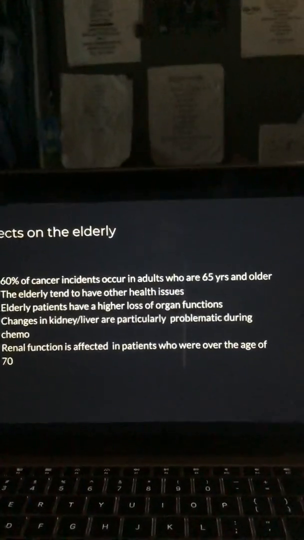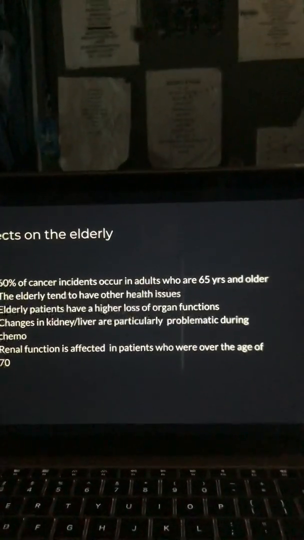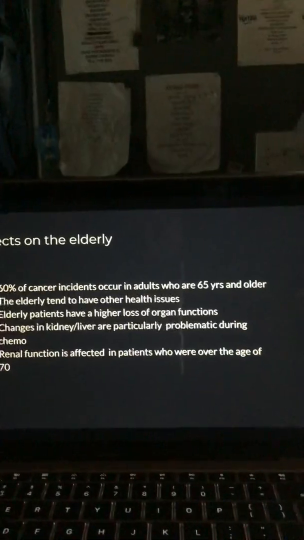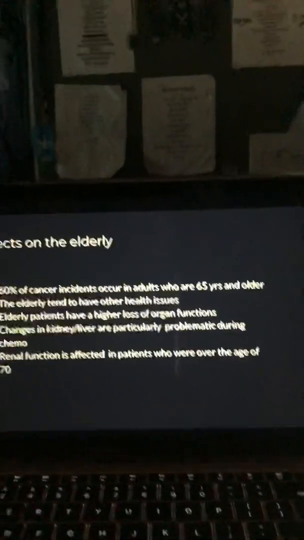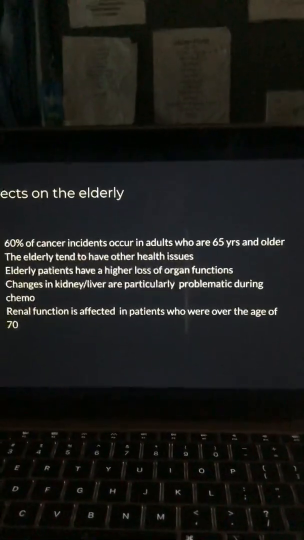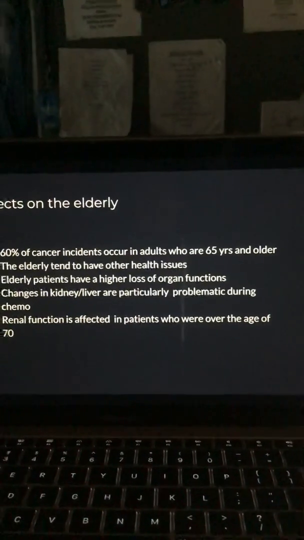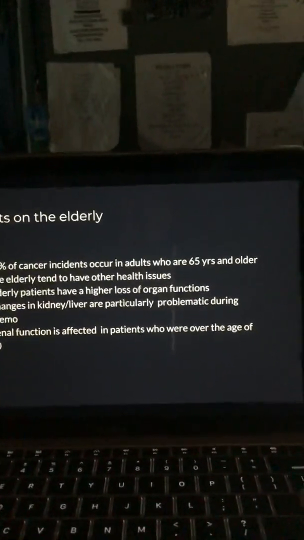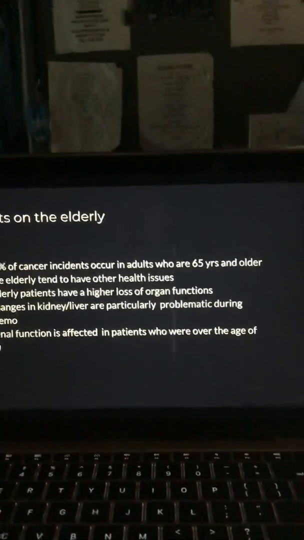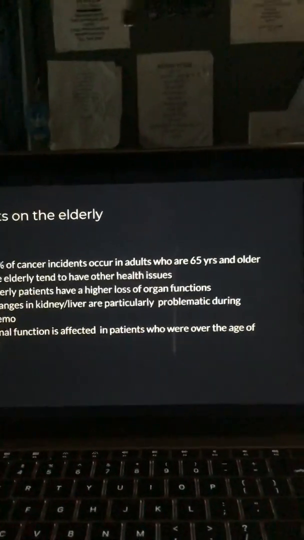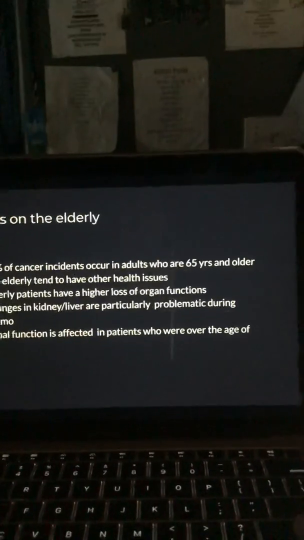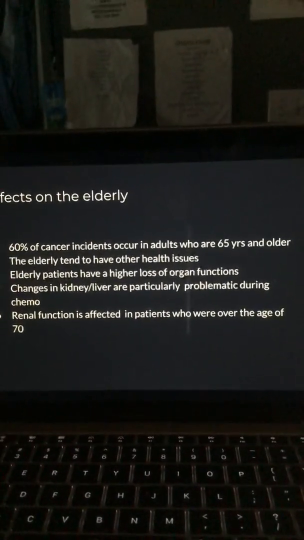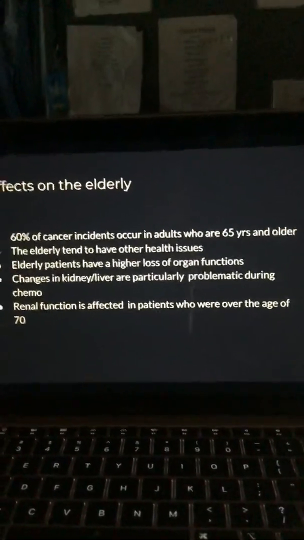The elderly tend to have other health issues, which make them need to take different medications, and sometimes the medications end up interfering with the chemotherapy process. Elderly patients have a higher loss of organ functions. Changes in the kidney and the liver are particularly problematic during this chemo process, and renal function is affected in patients who are over the age of 70.